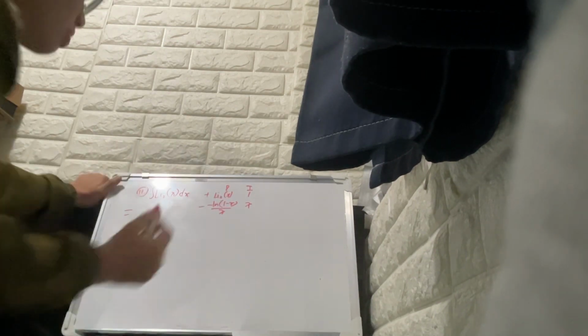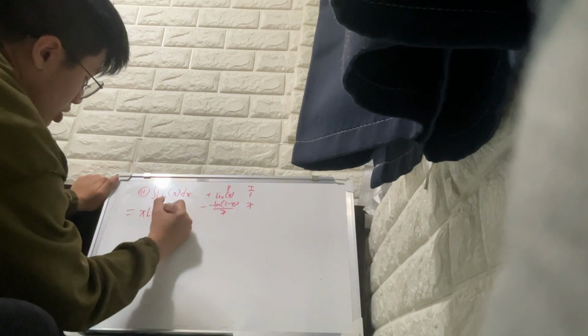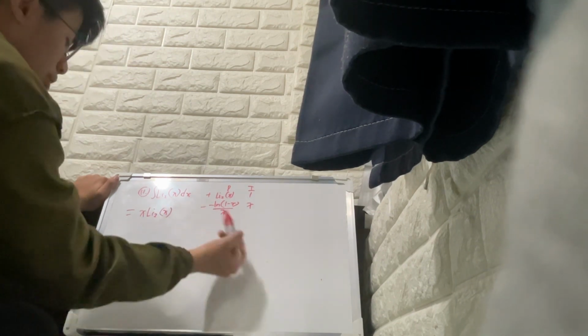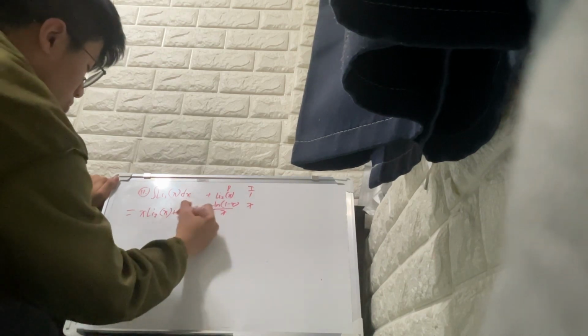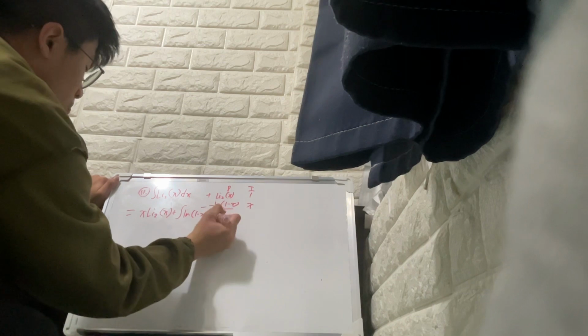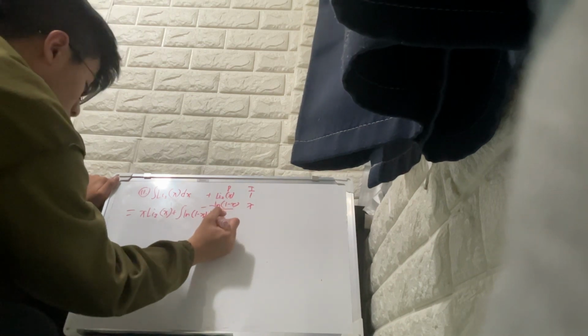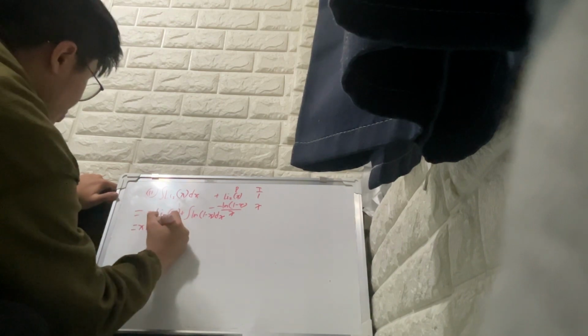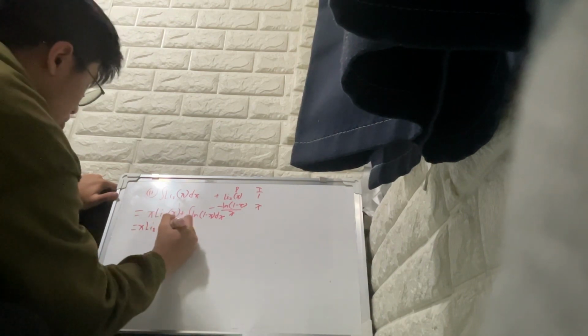So this time it becomes x times Li2 of x. And then the x's are cancelled. So plus the integral of ln of 1 minus x. For this ln situation, I like to use the DI method once again.